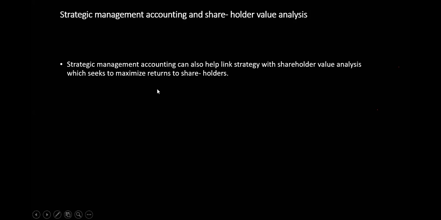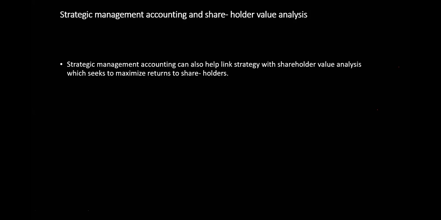So finally, what I want to communicate to you is that in strategic management accounting, there is a link with shareholder value. Strategic management accounting can also help link strategy with shareholder value analysis, which seeks to maximize the return to shareholders. You know the meaning of shareholder value. That is really the share price.